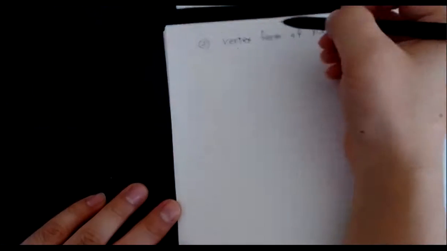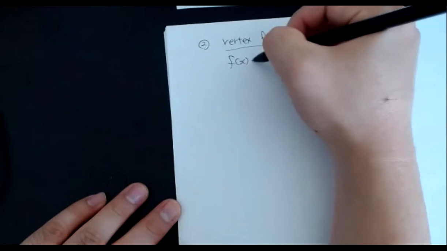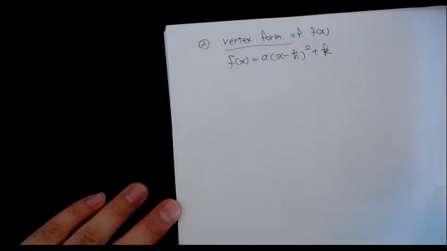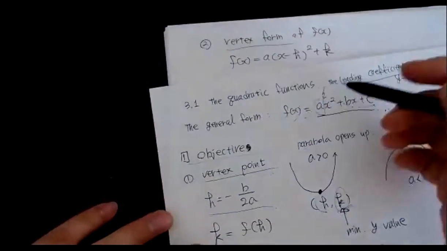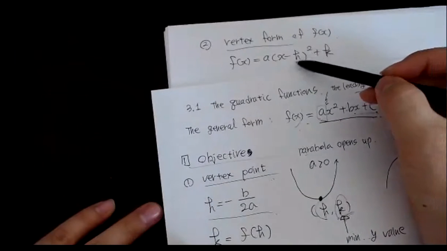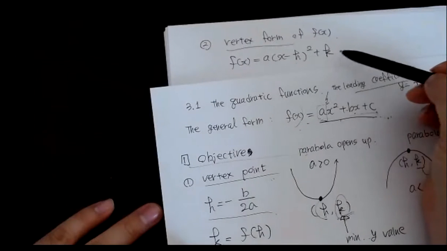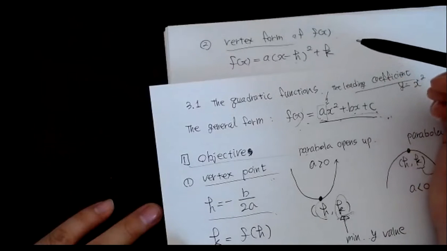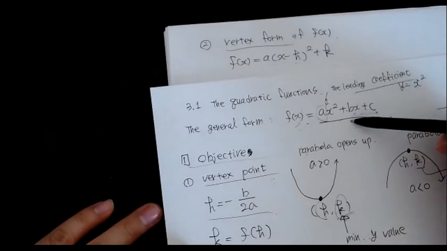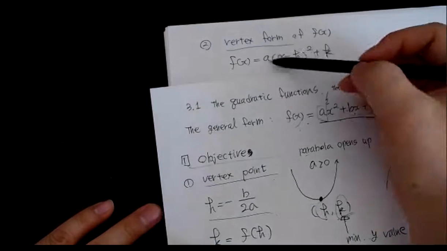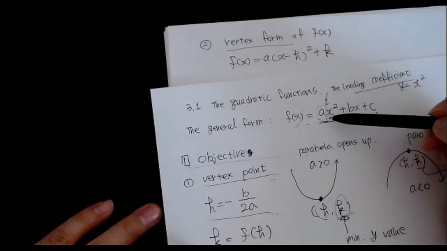The vertex form is f of x equals a times x minus h squared plus k. Let's compare the general form and the vertex form. The vertex point is involved in the formula, so to figure out the vertex form from the general form given in the problem, you need to find h and k, which is the vertex point. And a is the leading coefficient, the same as the leading coefficient in the general form.